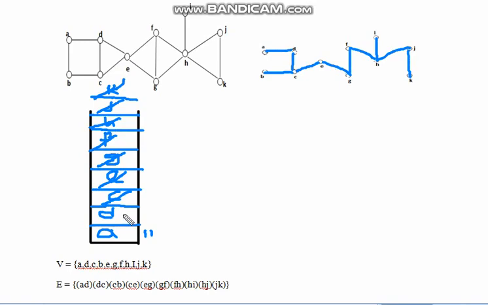From D I have only one visited vertex already, that is A, and there is no alternate. Of course D to E is there, but it forms a cycle, so backtrack, and I am at A.